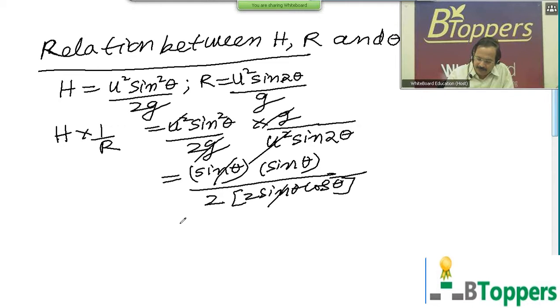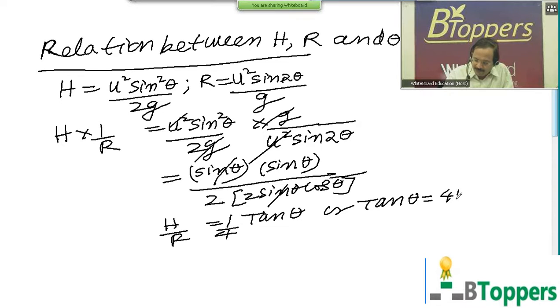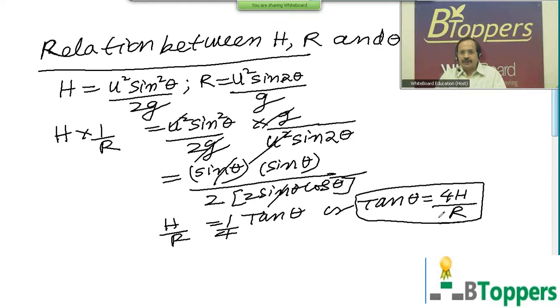So you get H by R equal to 1 by 4 tan theta, or tan theta equal to 4H by R. So if H is the maximum height reached by the projectile above the horizontal plane of projection, and capital R is the horizontal range of the projectile when it returns to the horizontal plane of projection, theta is the angle of projection of the projectile, and tan theta you can write 4H by R.